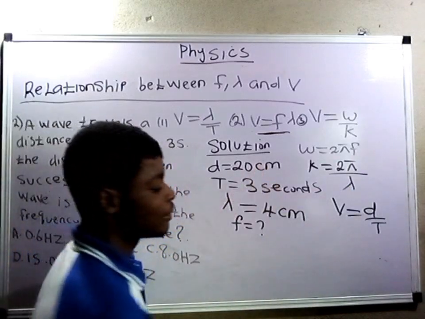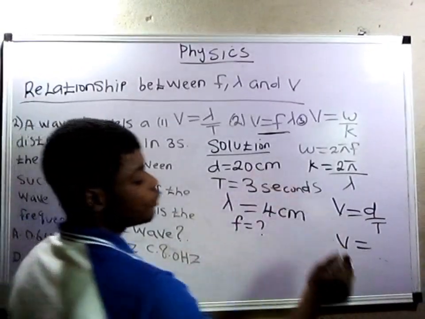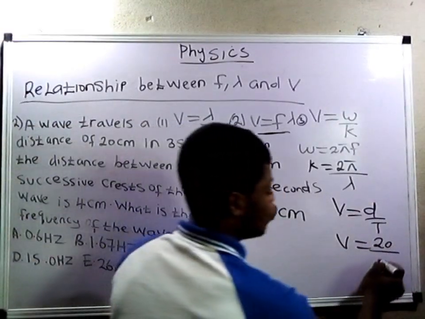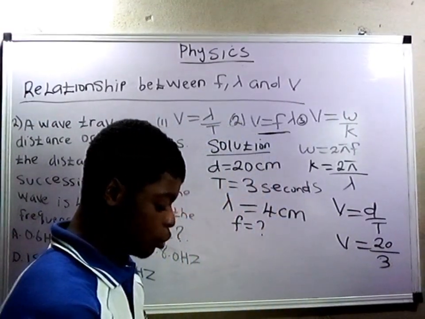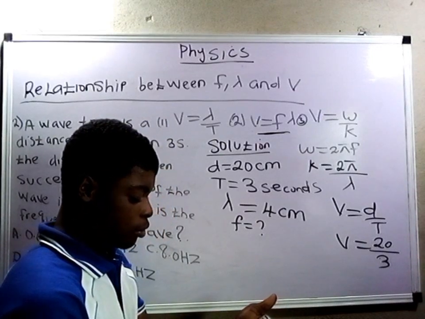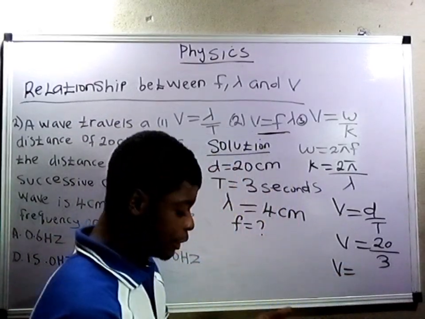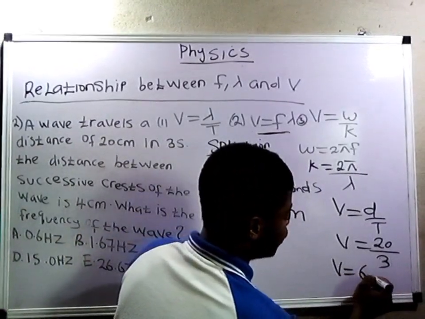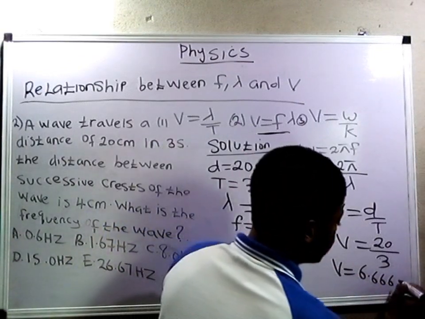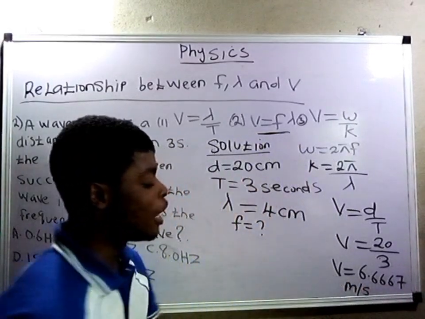You can therefore say that your v is equal to distance, 20, over time, which is the period, 3. So divide 20 by 3 using the calculator. That gives us 6.666, approximately 7 meters per second. This is your value for velocity.